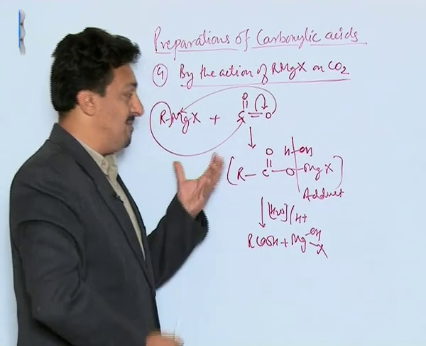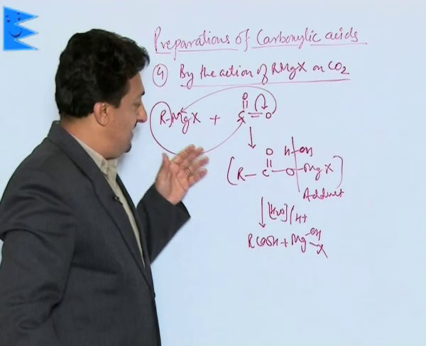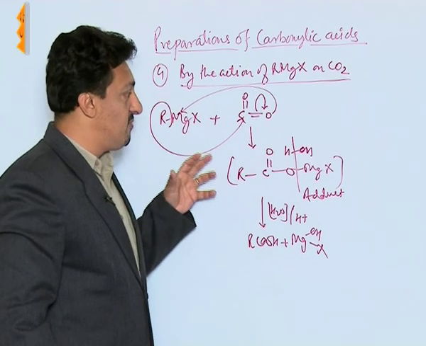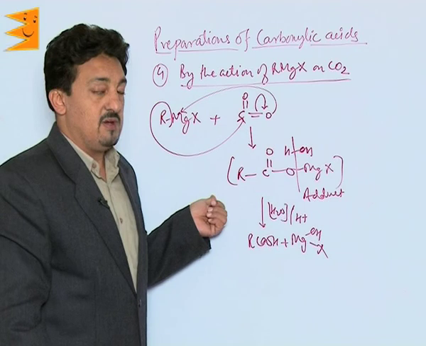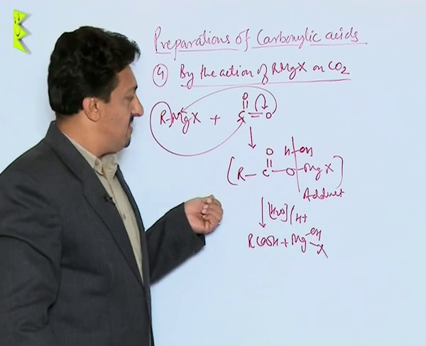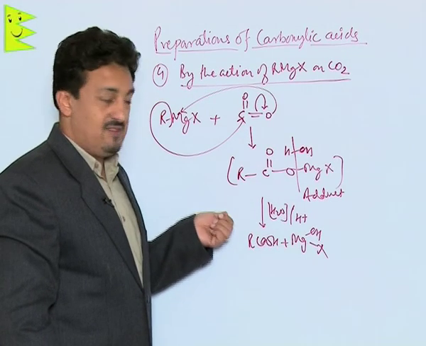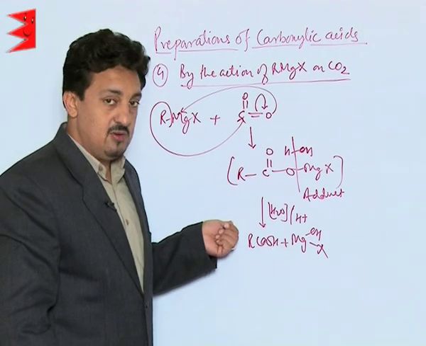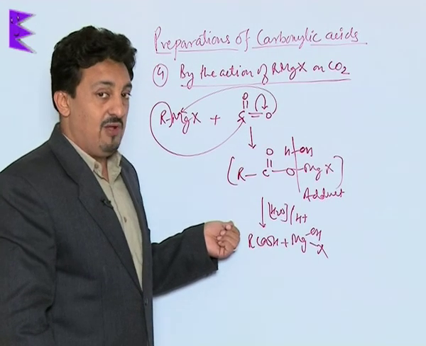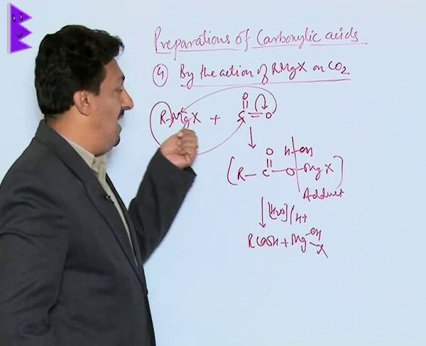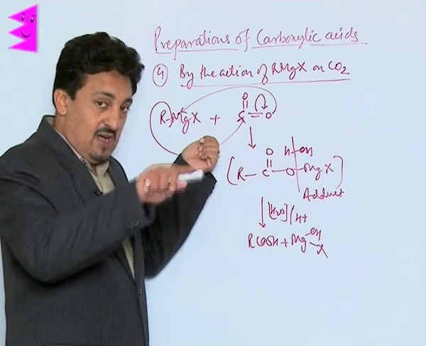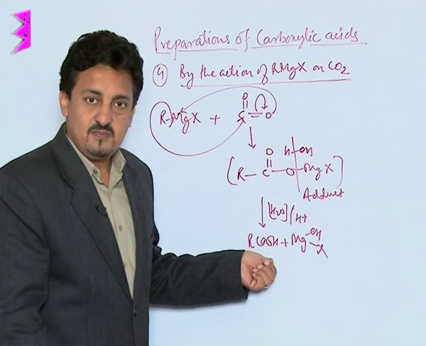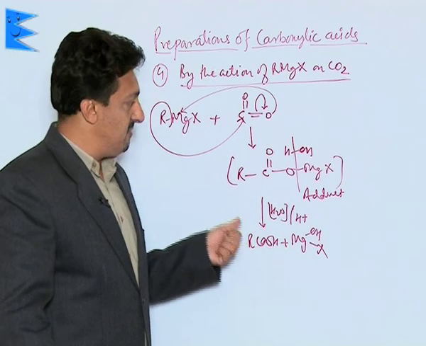The most interesting thing about this reaction is that it is very useful, especially from the conversion point of view. This not only involves the step-up process in which one carbon is increased, which is the carbon of the CO2 molecule, but also it involves the conversion of alkyl halides through Grignard reagent to carboxylic acids. So it's very important for conversions.